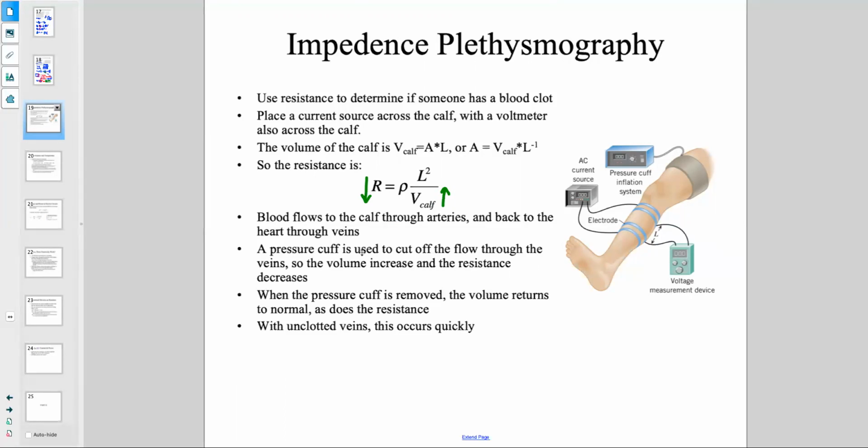When you have unclotted veins, once you remove this pressure, this R will go back to normal very quickly. But if you have some clotted veins in your body, then this will not go back to normal quickly. So that's one of the ways that they can identify if you have a clot in your blood.